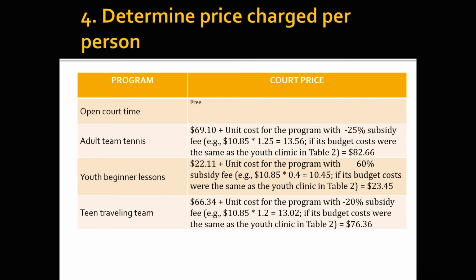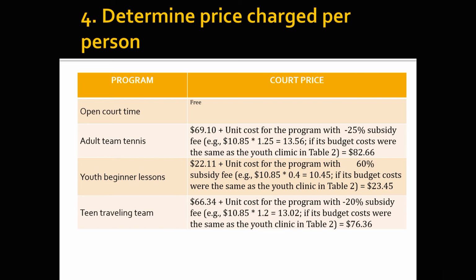The adult team tennis is going to be $82.66 because I take my $69.10, which I calculated to be my court price for the adult team tennis, and I then need to figure out what it would be for my program. So let's assume it costs $10.85, but I'm going to make profit on this.